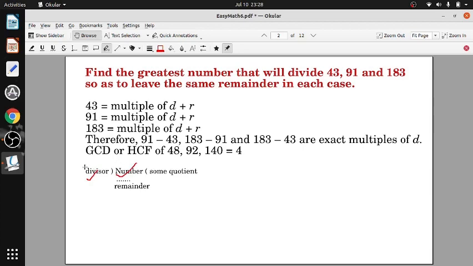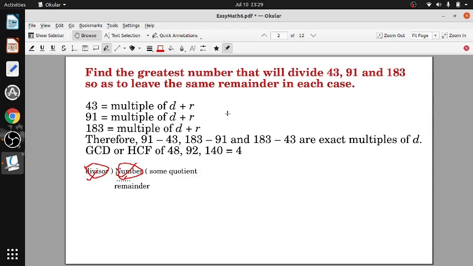So this is always smaller, that is a factor, and this, if there's no remainder, would be a multiple. So the divisor is always a factor and the number is always a multiple if there is no remainder. And if there is a remainder, the number minus remainder would be the multiple and divisor would be the factor.